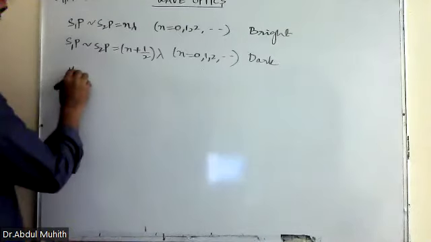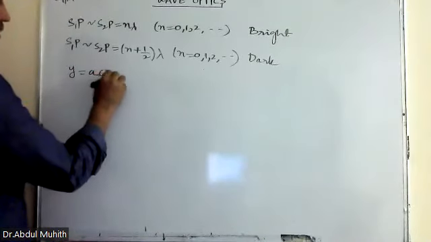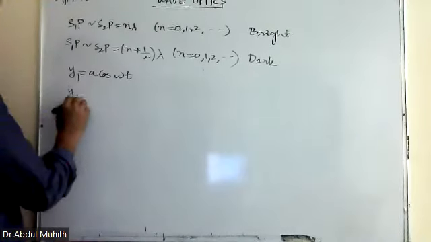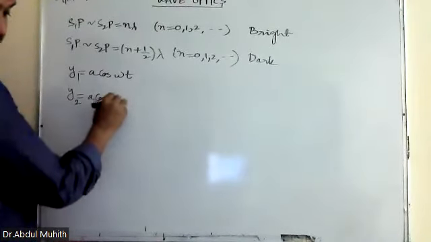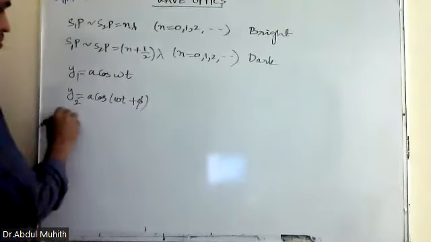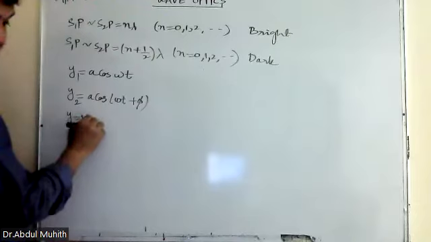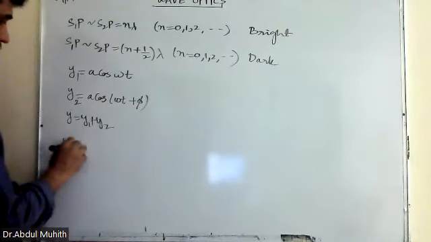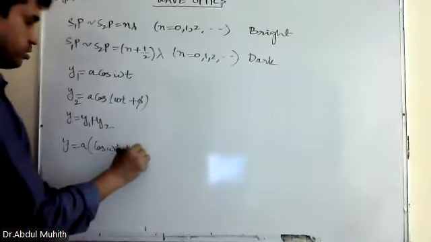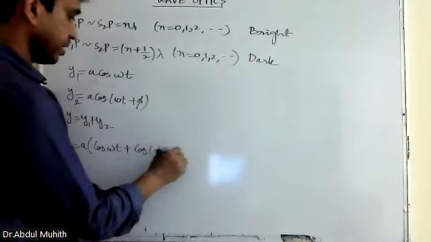The third one, constant phase difference: y is equal to A cos omega t. Again the second one, y1, y2: A cos omega t plus phi. So what will happen here? y is equal to y1 plus y2, so y is equal to A cos omega t plus cos of omega t plus phi.